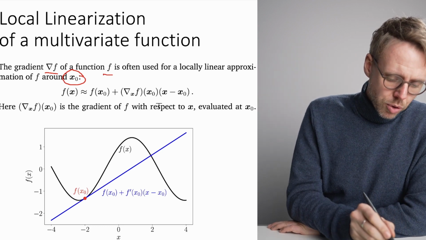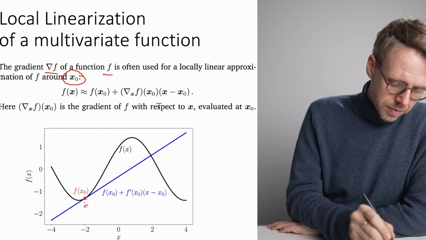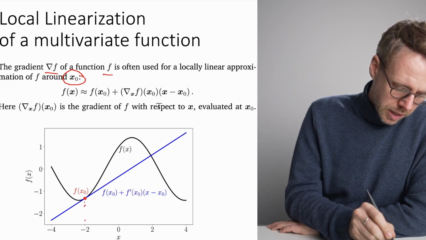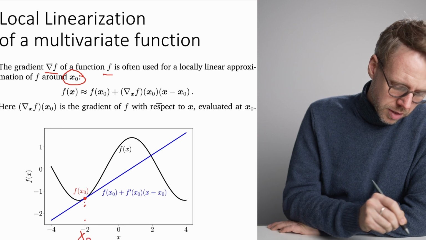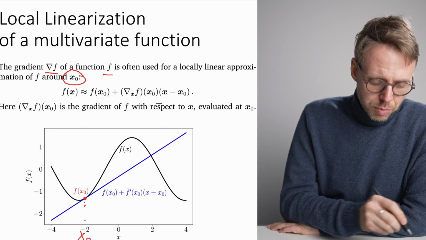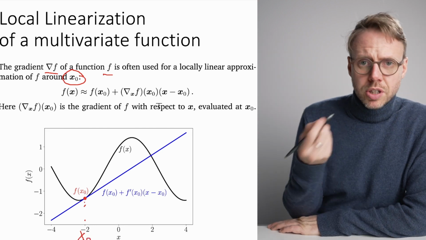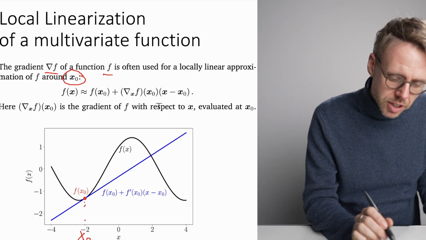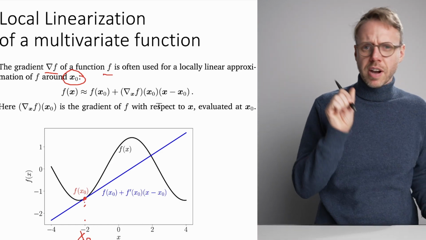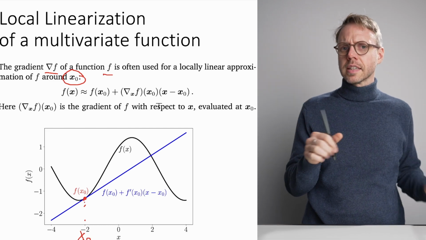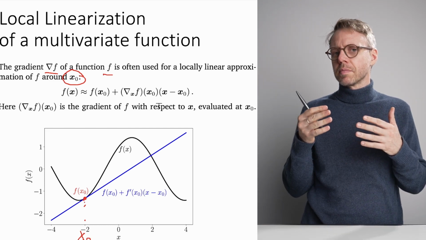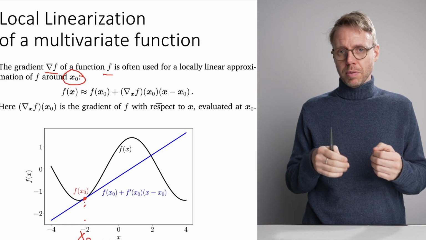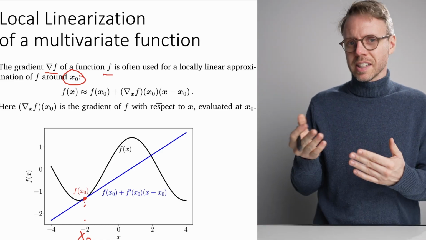And at this point x0, we want to build a locally linear approximation. And what do we want? Well, we want an approximation that at this point here has the same function value and also the same gradient, or in this simple one-dimensional visual case, the same derivative.